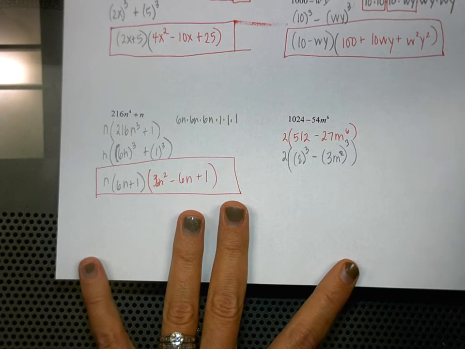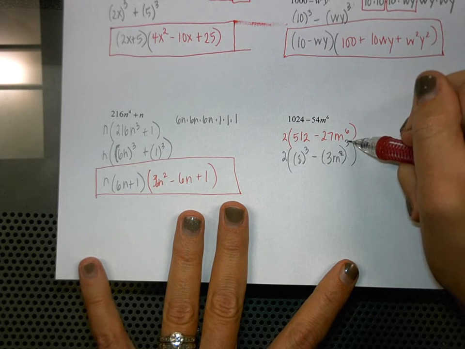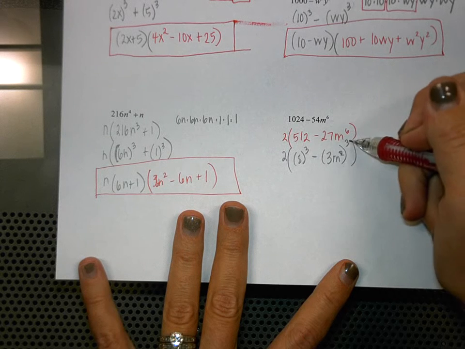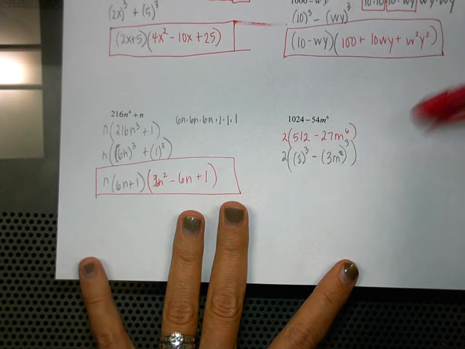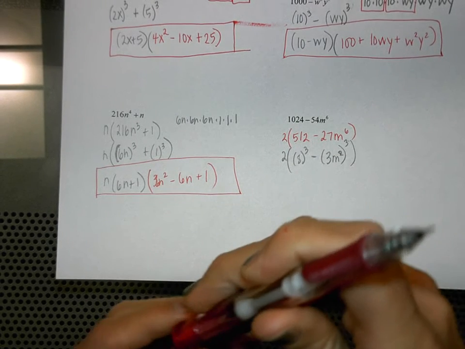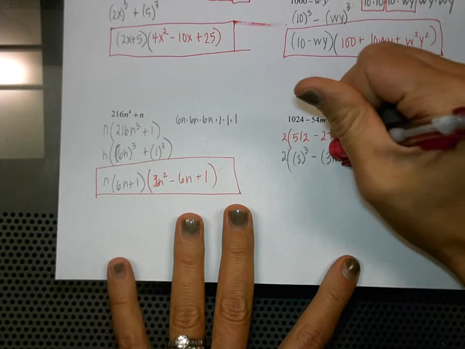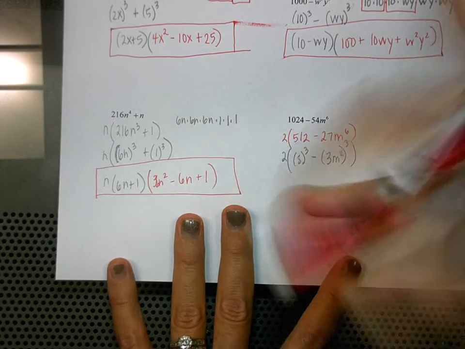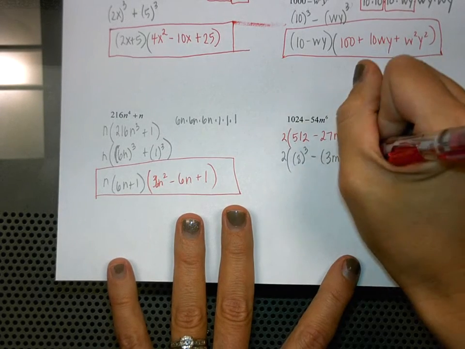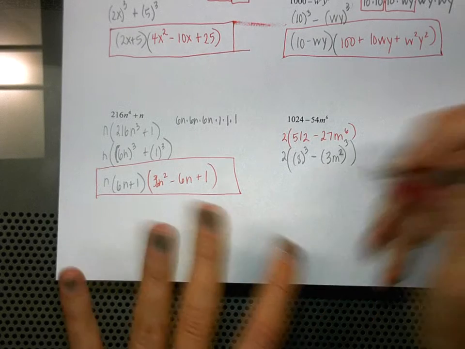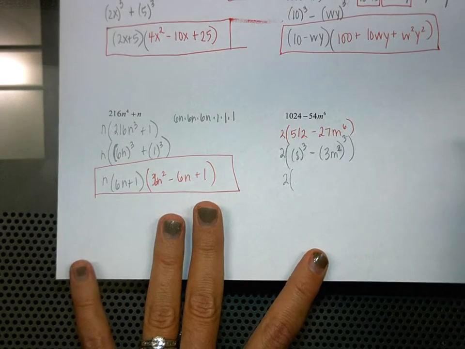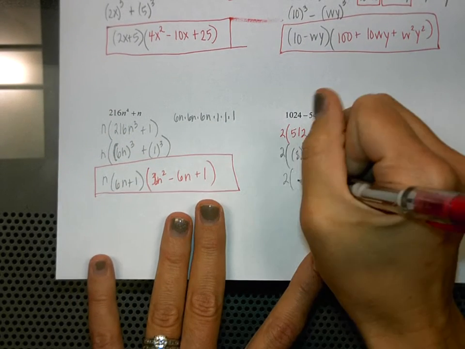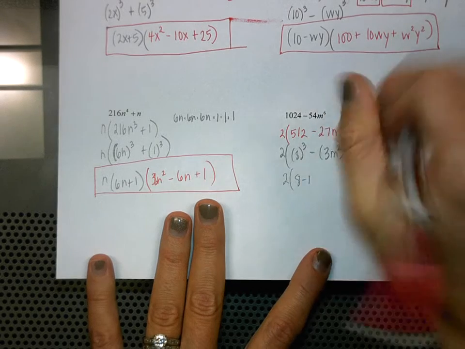Okay, is that good? So you want the outside to be a 3, and then whatever other number would multiply to make this one is what goes on the inside. Yeah, when we're dealing with cubes, yes. Okay, so that means that my first parenthesis is going to be what? 8 minus 3m squared. Good, 8 minus 3m squared.